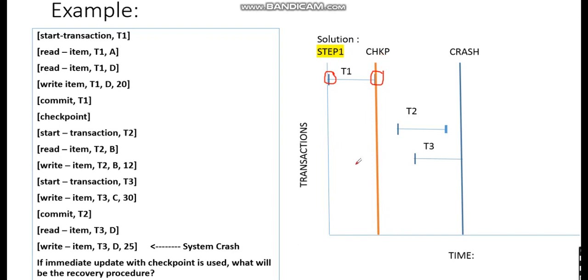That means whatever modification was done by T1 is permanently updated into the database. Whatever the log entries are, those are updated into the database or the secondary storage devices permanently. Now next, you can see transaction T2 started after the checkpoint. You can see this is the start point of transaction T2.